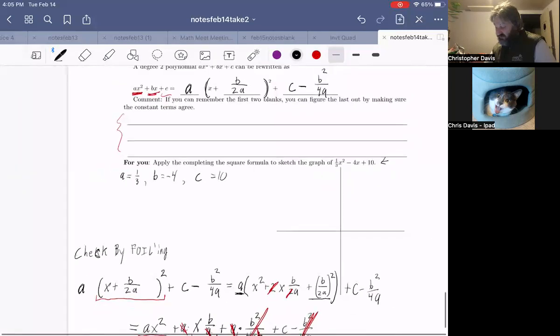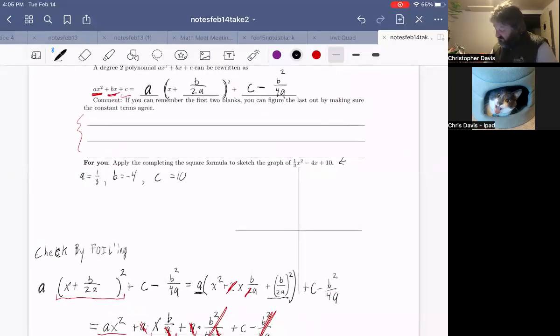So let's apply the completing the square formula to this. So this will give me, let's give this a name so I don't have to write it again. Star equals a, which is 1/3, times x plus -4 over 2 times 1/3, squared, plus c minus b squared all over 4a.